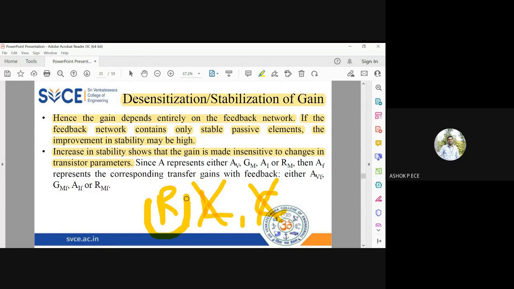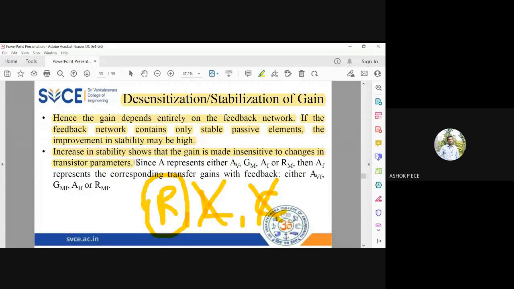In a resistor, voltage and current are in phase, so it will not add any additional phase shift to your signal, right? So predominantly we use only resistors as the feedback network. Even though you have power loss caused by these resistors, resistors are preferred because the current and voltage are in phase inside a resistor. Due to that reason only, we use resistors as the feedback elements.